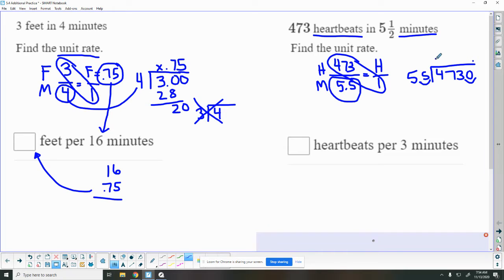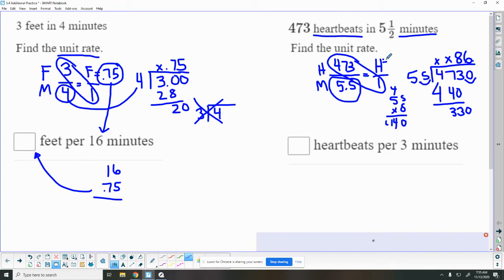55 can't go into 4, and it can't go into 47, but it can go into 473 8 times. So 55 times 8 is 440. Then when I subtract, I am left with 33, and it goes in there exactly 6 times.